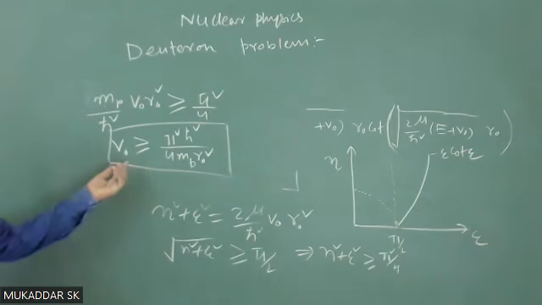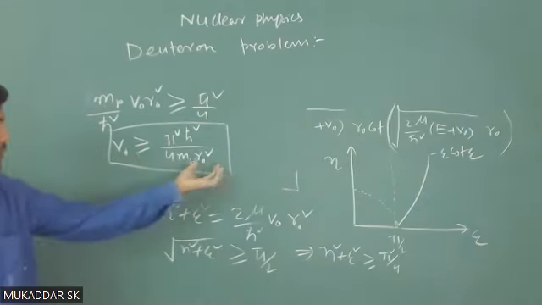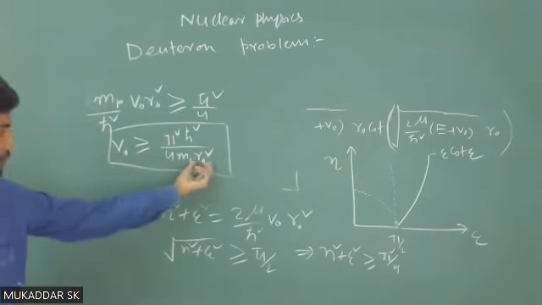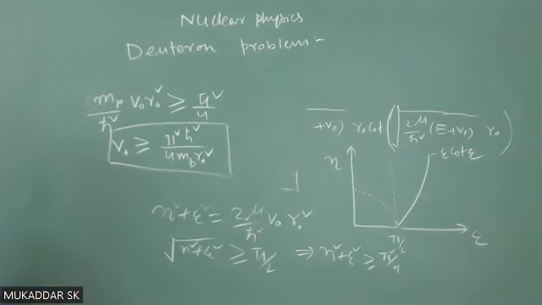Or the main parameters are V naught and r naught square, how they are related. You get the strength of the potential, how it depends upon the range. Based on this, they may provide this and ask what will be the minimum value of the strength of the potential. They may provide this and ask the range of that potential, the range of the nuclear force, like this.